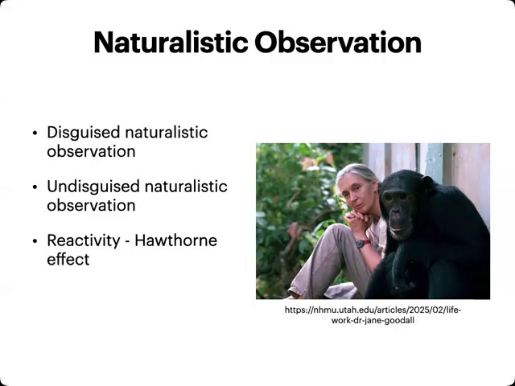If you cannot conduct disguised naturalistic observation for ethical or practical reasons, undisguised naturalistic observation can be used. However, a limitation of undisguised naturalistic observation is reactivity, where the presence of a researcher and awareness of being observed can alter participants' behaviors. This type of reactivity is known as the Hawthorne effect.